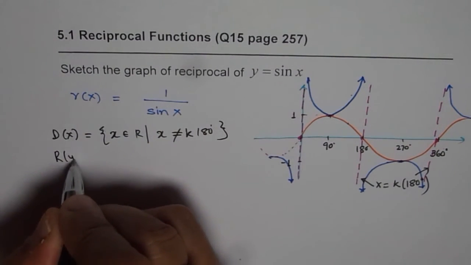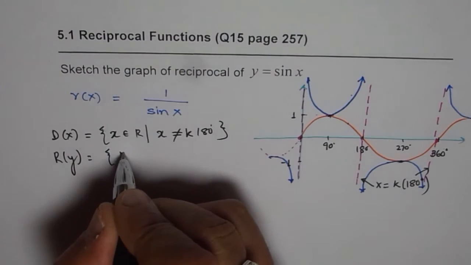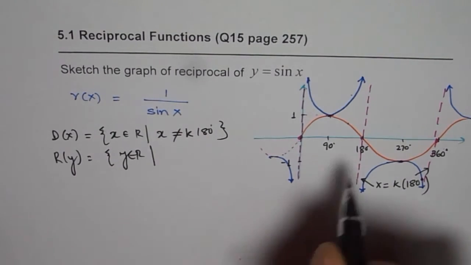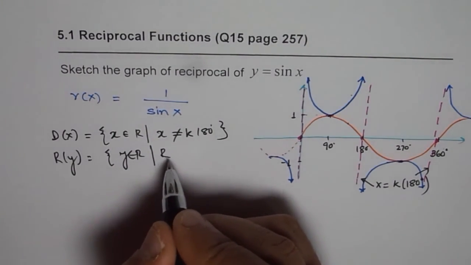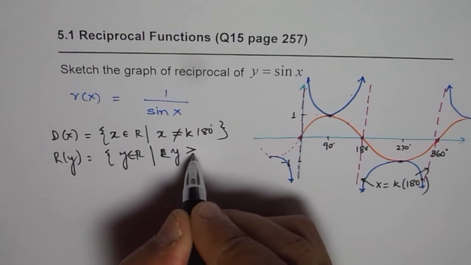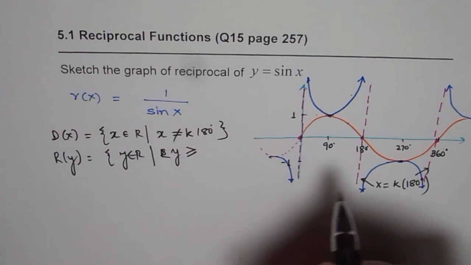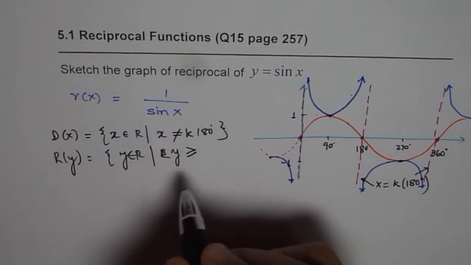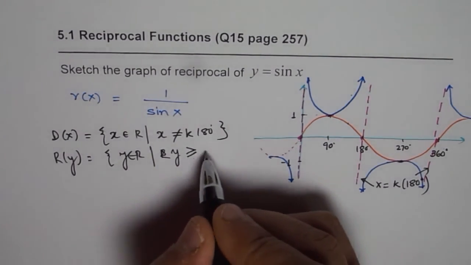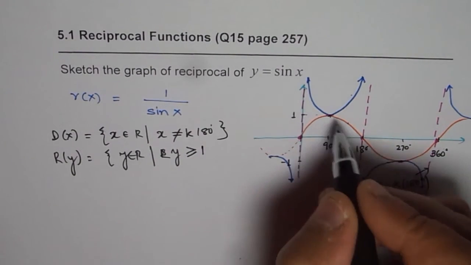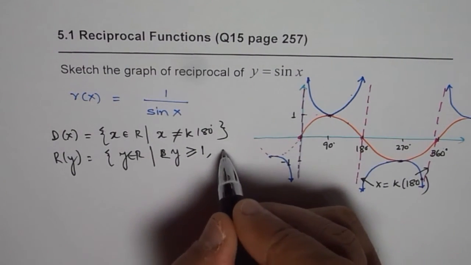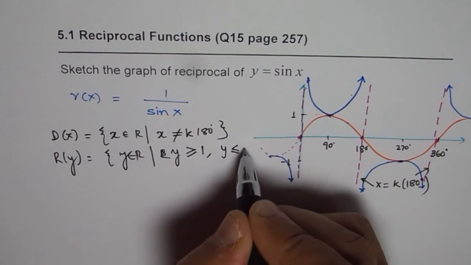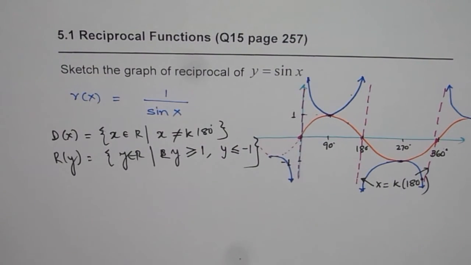The range for the reciprocal function is y belongs to real numbers, but the absolute value of y is always greater than or equal to 1. So you can say y is greater than or equal to 1, or y is less than or equal to minus 1. That becomes the range for this function.